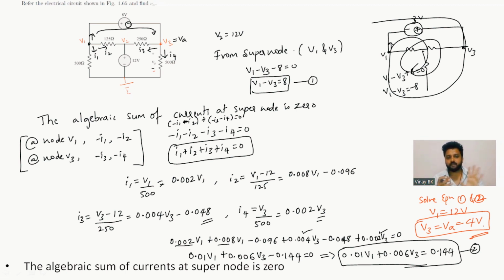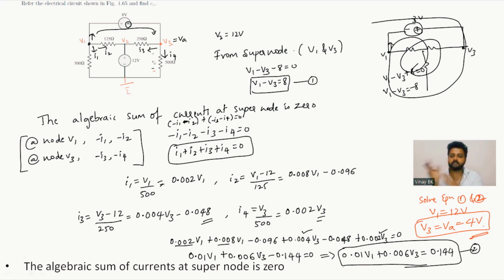So from there one equation comes. So node 1, that's nothing but V1, at that node you see currents I1 leaving, I2 leaving. So I have written minus I1 minus I2. At node V3, I3 and I4 are leaving, so minus I3 minus I4. I add the currents at nodes V1 and V3 and equate to 0: minus I1 minus I2 minus I3 minus I4 equals 0.